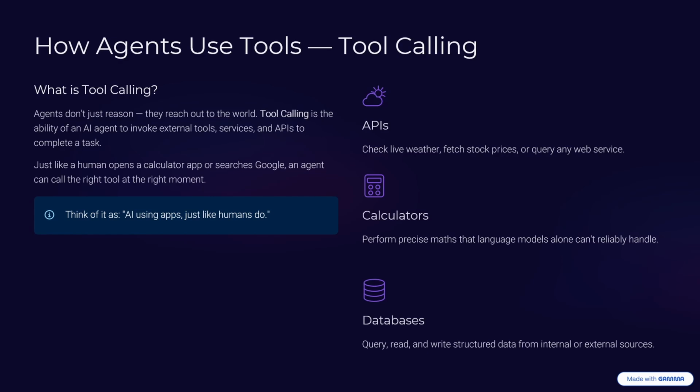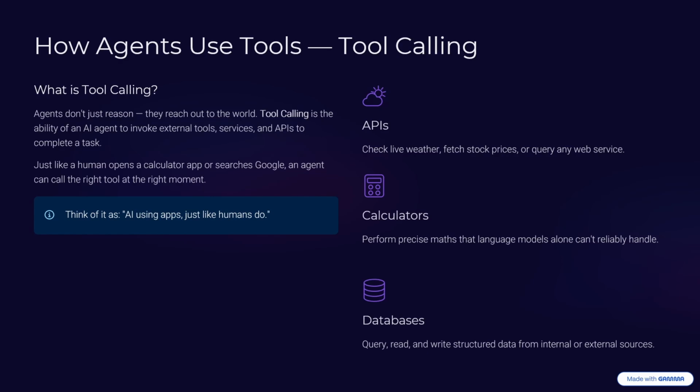Similar to that, this LLM and agent also have access to tools. Using those tools, it can call them and get the particular information that the LLM requires. Let's say I have an agent and I ask, how's the weather in Pune today?